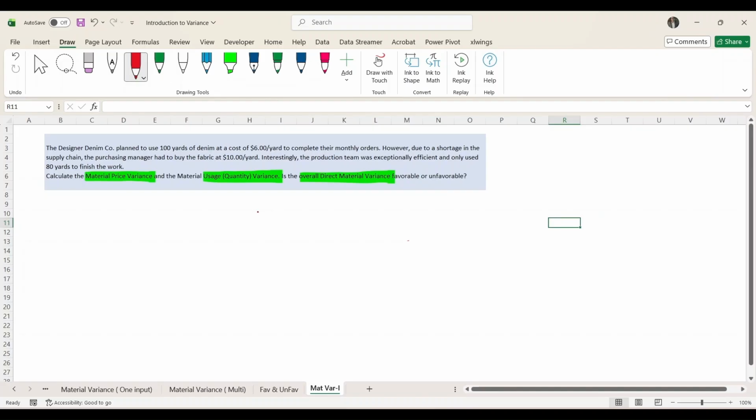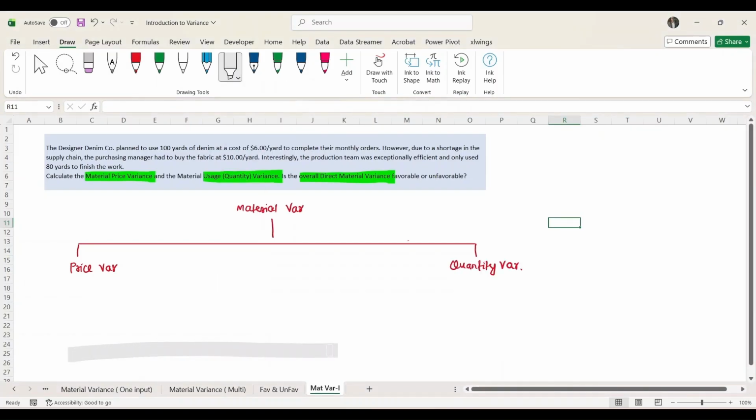So first, we'll write down the basic structure of it. This is material variance, and on this side we'll write down price variance, and on the right we'll write down quantity variance.